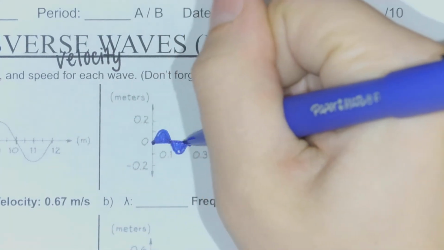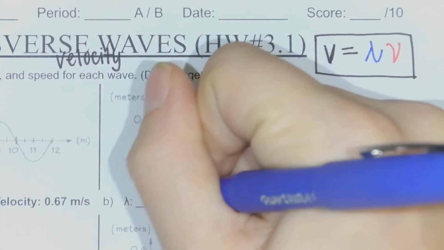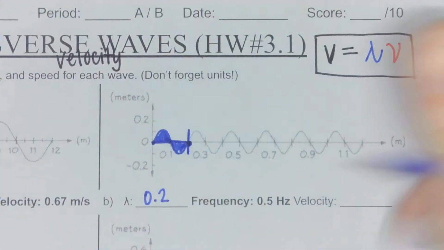The distance between there and there is 0.2, units are meters.